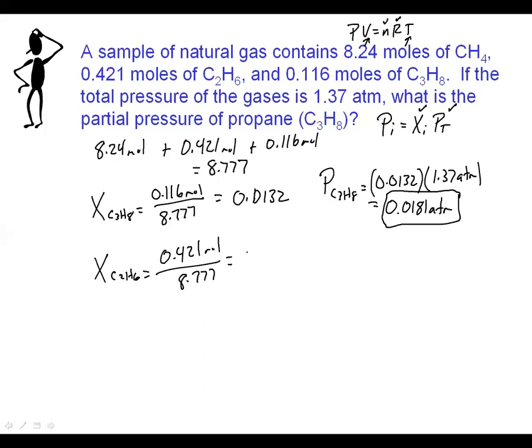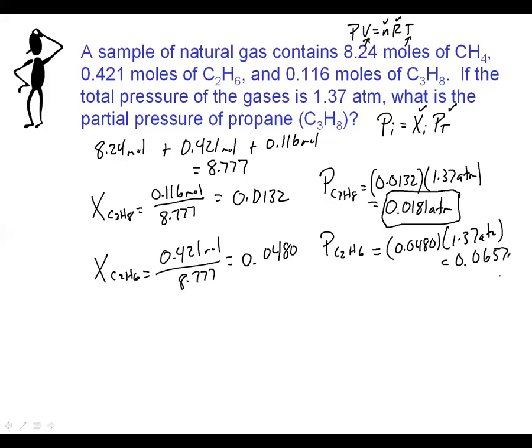That gets us 0.0480. Then our partial pressure of it would be 0.0480 times the 1.37 atmospheres. And again, if you were looking for each of them, you could just do this process again. You get something like 0.0657 atmospheres.